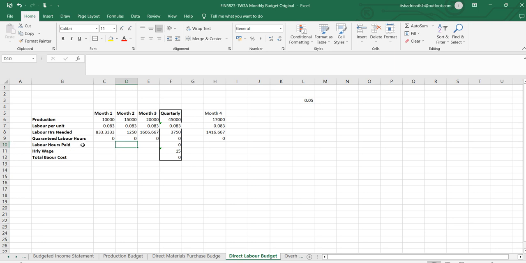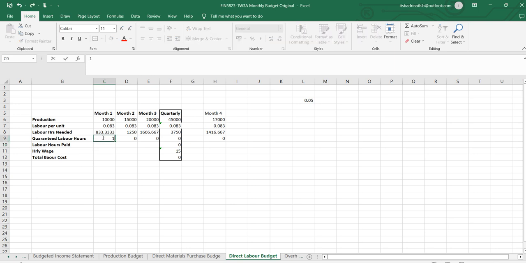The labor hours paid. For this, they mentioned that among these two values, the labor hours needed and the guaranteed labor hours, whichever is greater is taken as the labor hours paid.